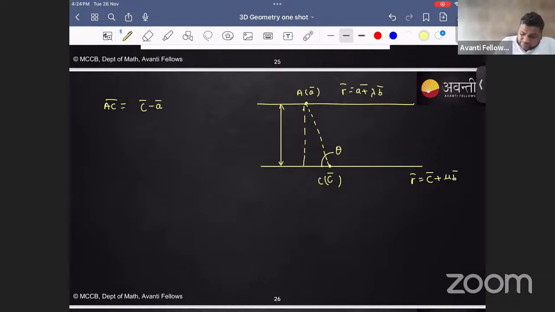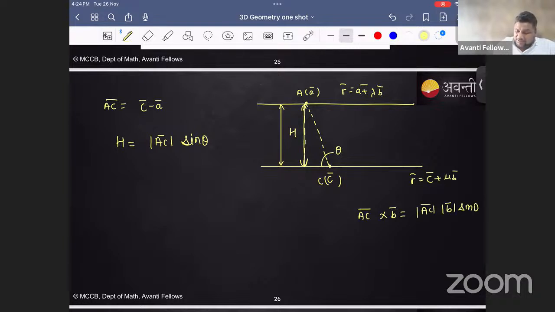So this is the perpendicular distance. Let this be H. So H is what? Magnitude of AC sine theta. And now AC cross B is magnitude of AC, magnitude of B sine theta.